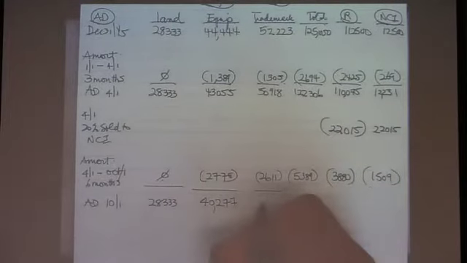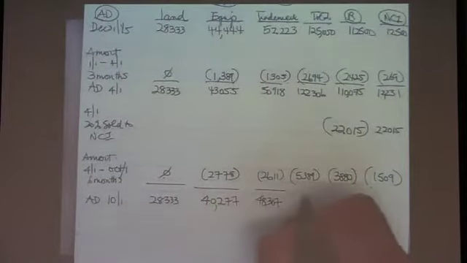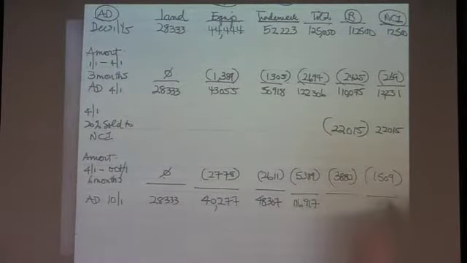This one is 48,000. And the total is 116,917. And when we add this all up, you get 84,180. And this one is 32,737.